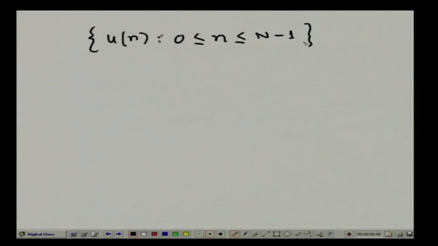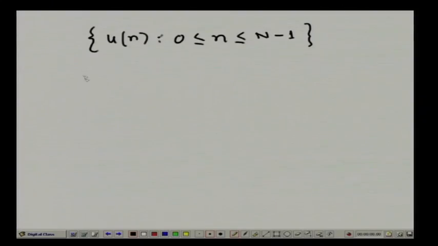So, we have a series of discrete samples u(n), and in this case we have capital N number of samples. Obviously, you can see that this is a one dimensional sequence of samples, and because the sample size is capital N, I can represent this set of samples by a vector u of dimension capital N.